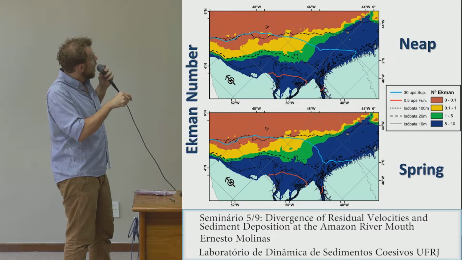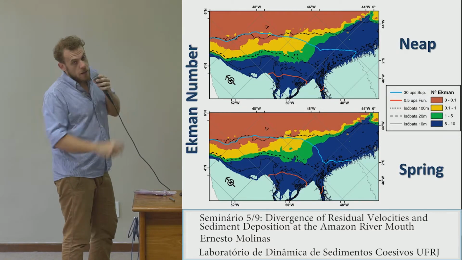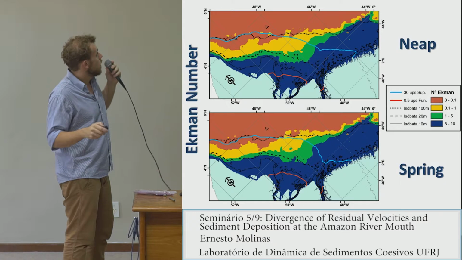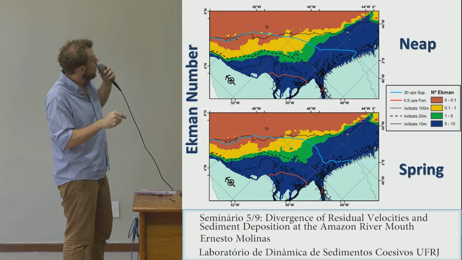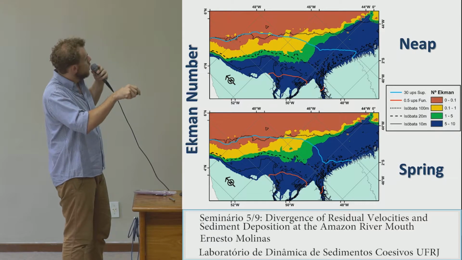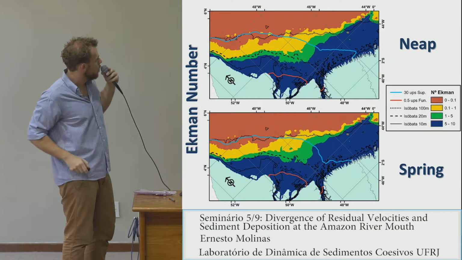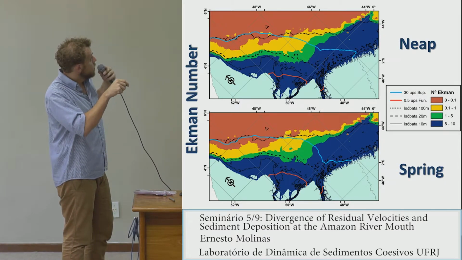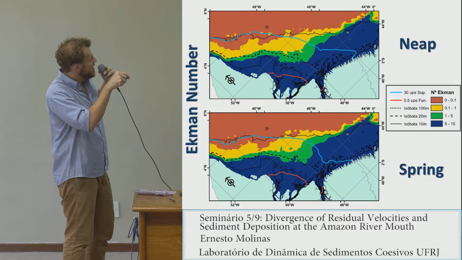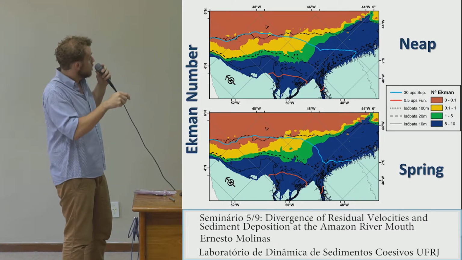So somehow geostrophy could be playing a role in this, and it's quite coherent for the model. It doesn't change much through the whole year, neither from neaps and springs, nor for dry and wet periods. Once again, the convergence of the flow, despite the intensity not being okay, the position is okay.